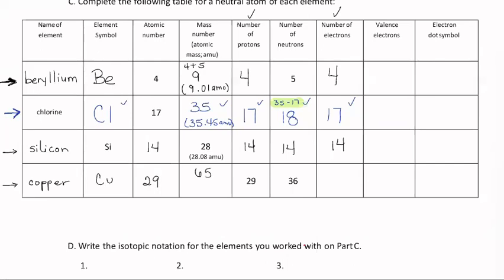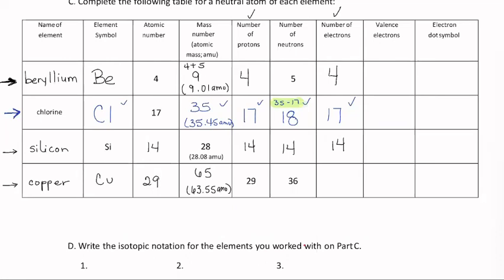Now, when we look at the periodic table, what's going to be the atomic mass that is in the periodic table, rounded to 2 decimal places? Excellent. 63.55 AMU.